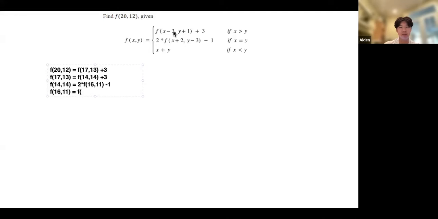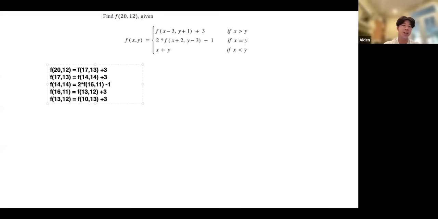And 16 minus 3 is 13, and 11 plus 1 is 12. And again, we use the top equation. So 13 minus 3 is 10, and y plus 1 is 13.